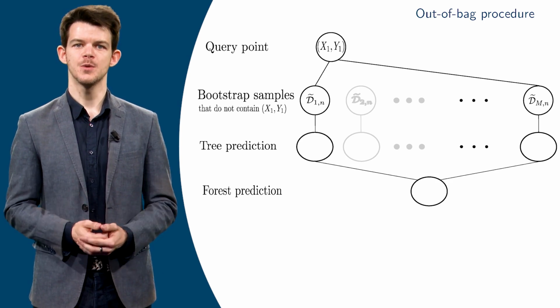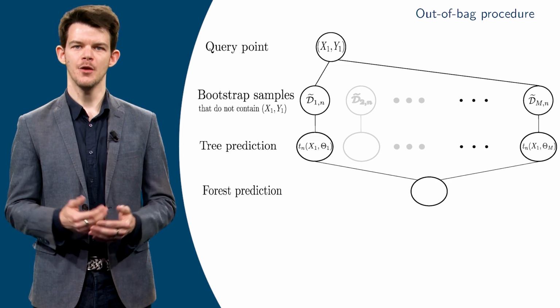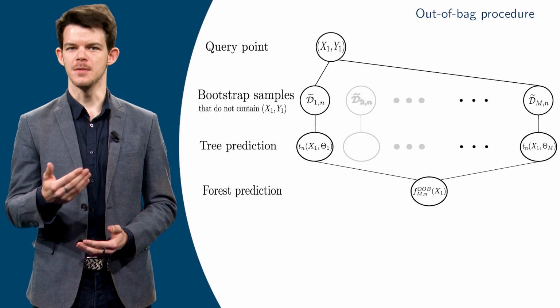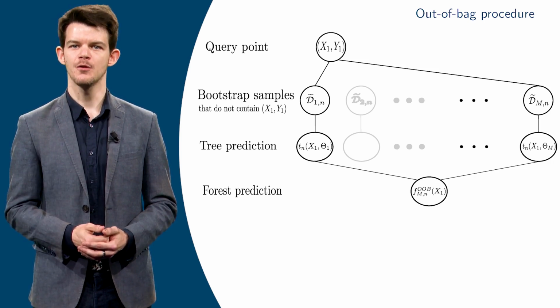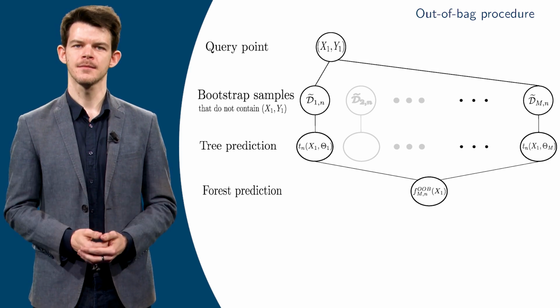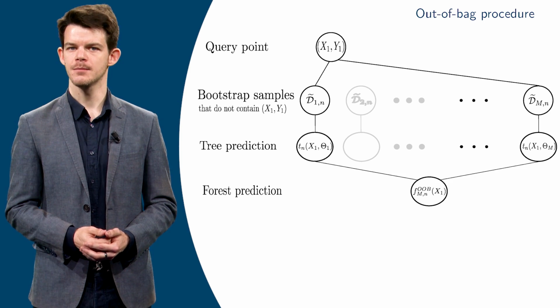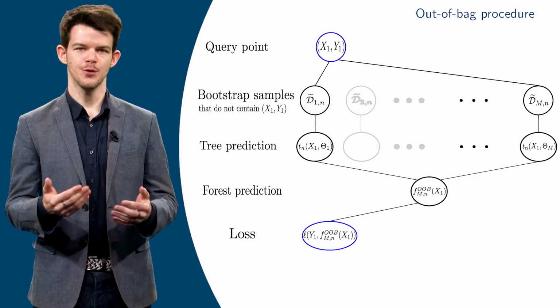For all corresponding trees, we will compute the prediction in the first observation x1 of the dataset. We will then aggregate these predictions by mean or majority vote and obtain the out-of-bag prediction of the forest for point x1. Since we also have access to the true label y1 of the observation, we can calculate the loss associated with the out-of-bag prediction for the first observation.